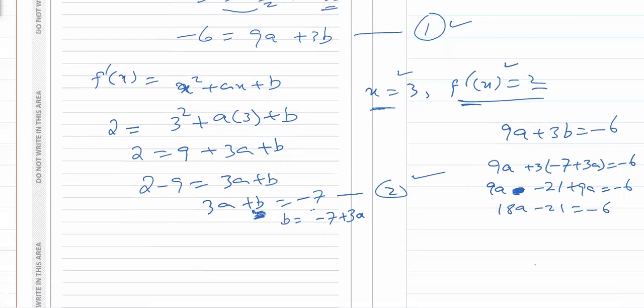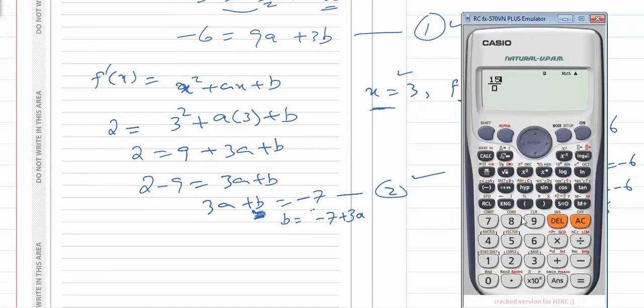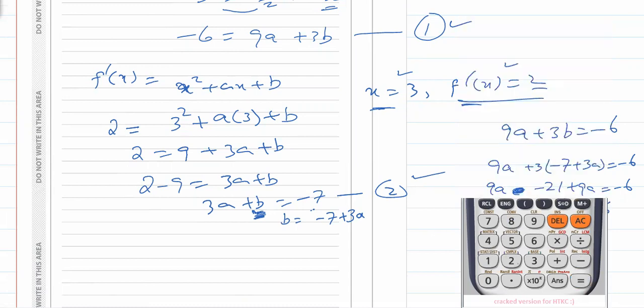From here I will have 18a is equal to minus 6 plus 21, which is 15. So a will be equal to 15 over 18. In the lowest form, 15 divided by 18 is 5 over 6.